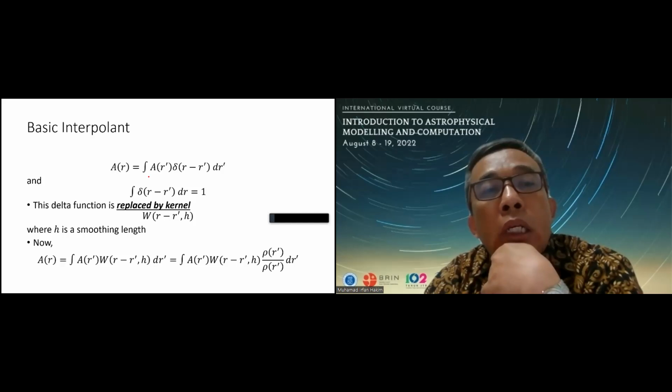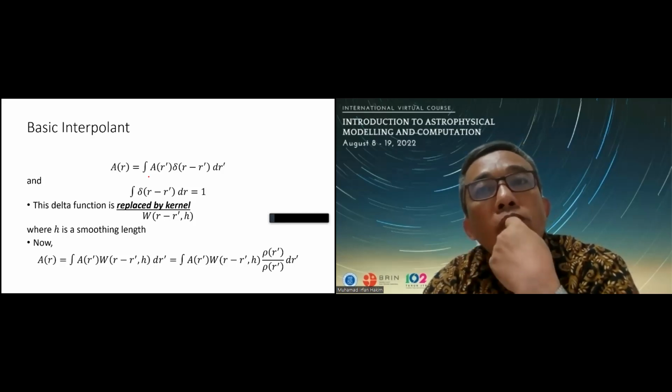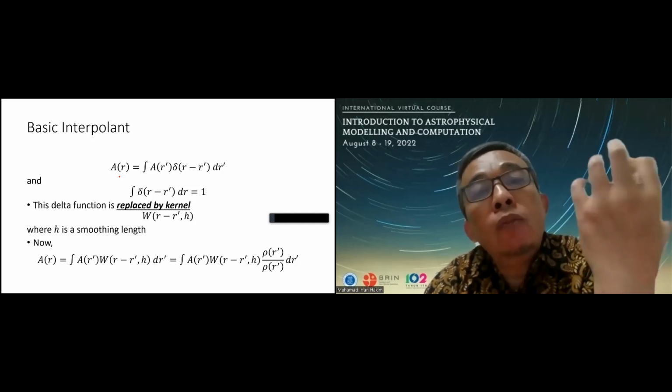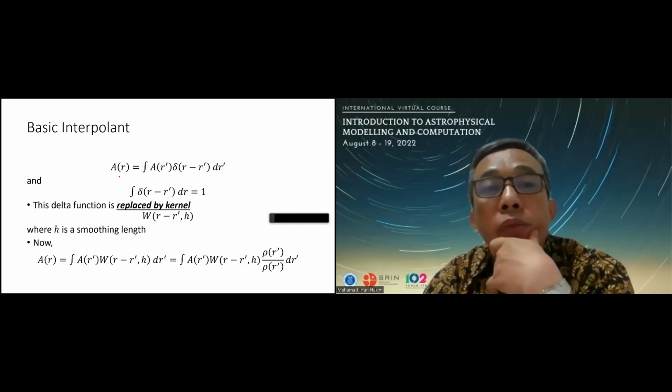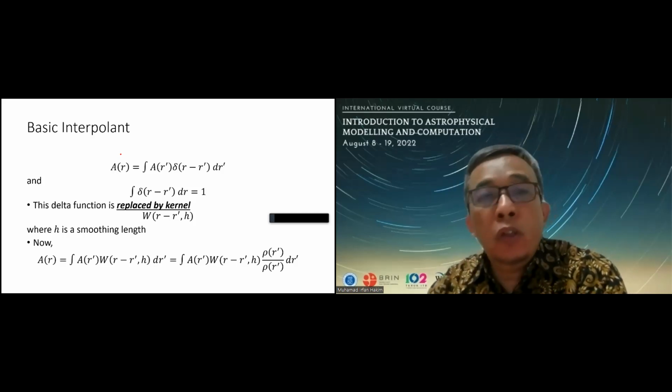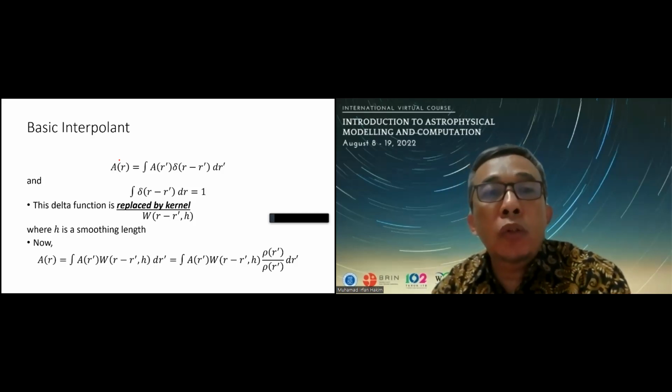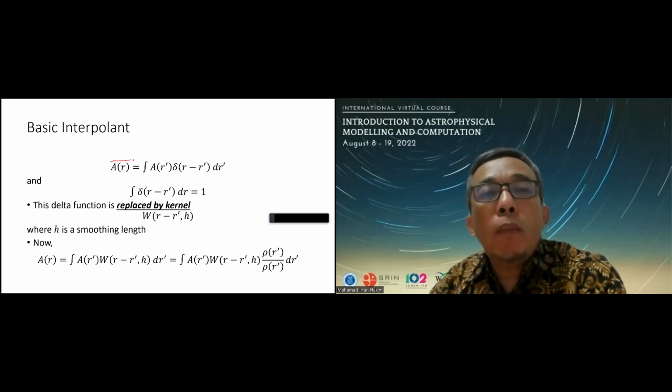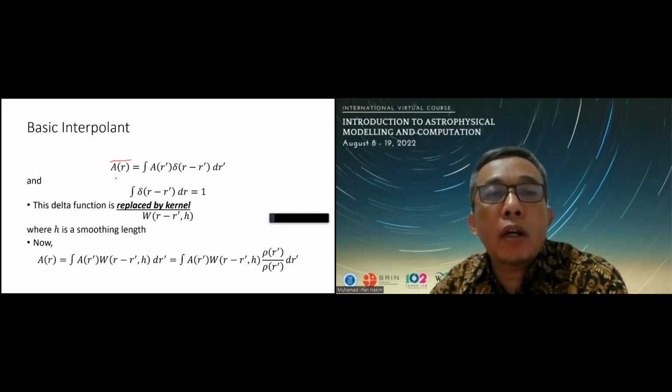And for a value or term, for example, in the PDE, for a simple example, we use this value, for example, A at point r.